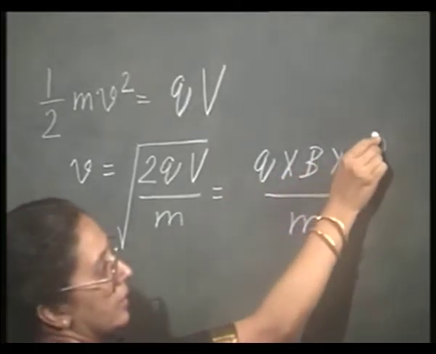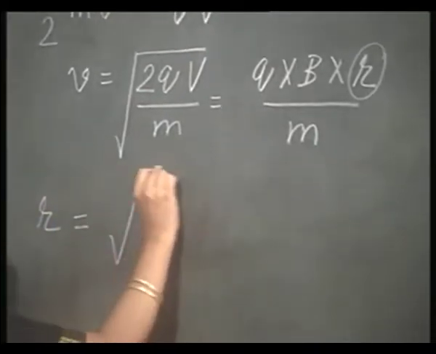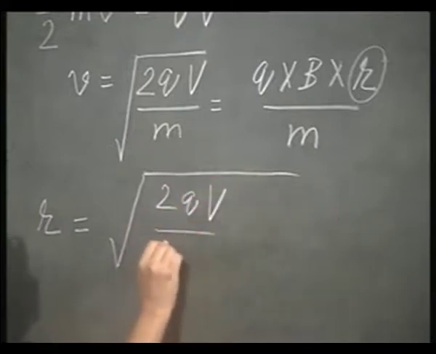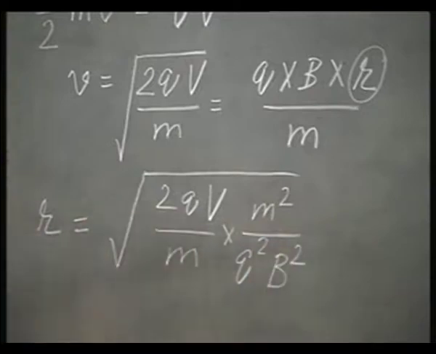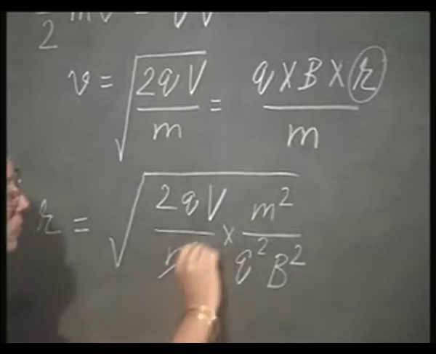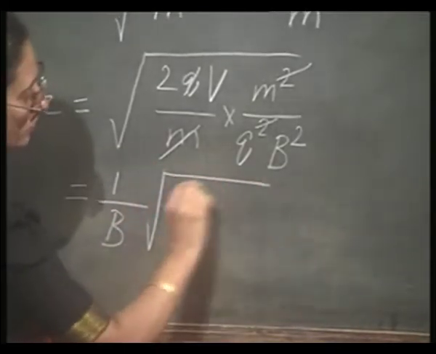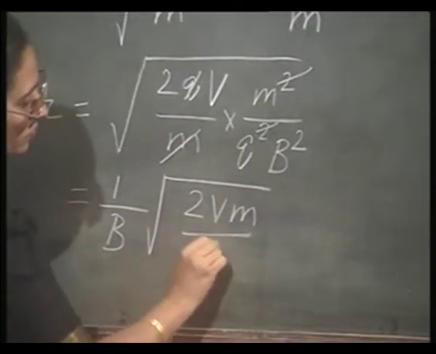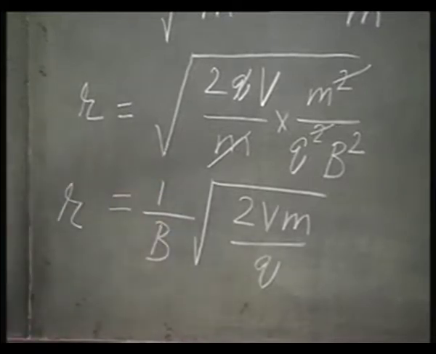So, the radius of the circular motion of the particle, that is R, is therefore given by R equals 1 upon B square root of 2 capital V into small m divided by Q. Agreed?